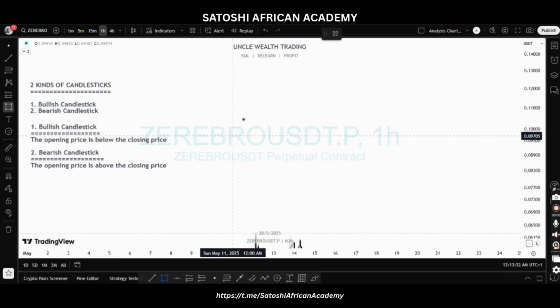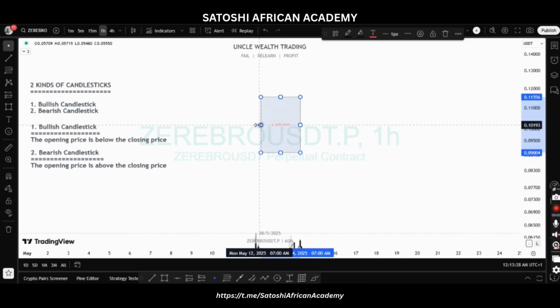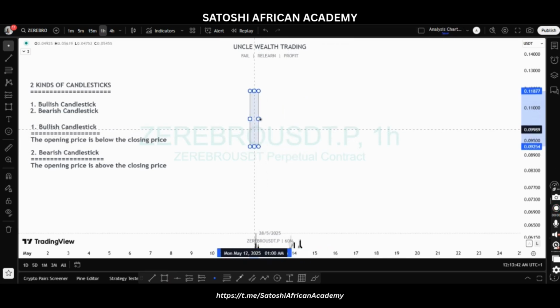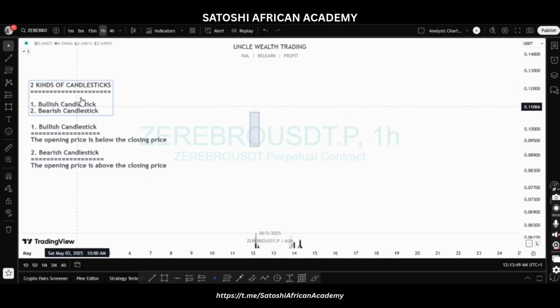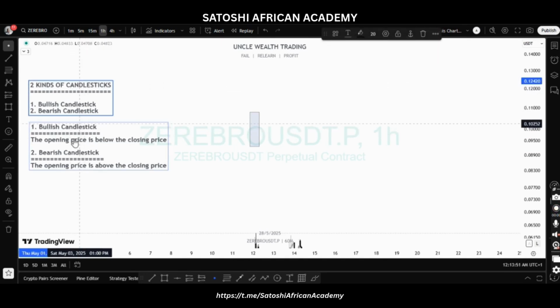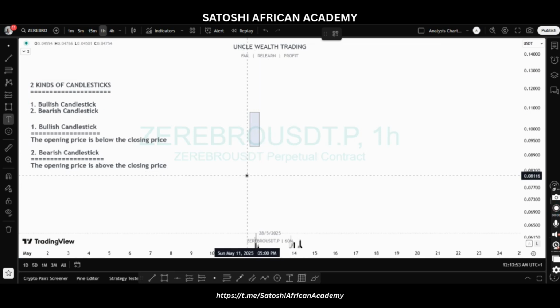All right. So visually, let's look at what the candlesticks look like. We're going to start with the bullish candlestick.